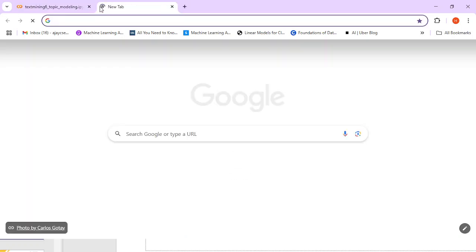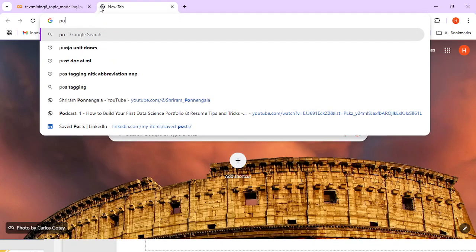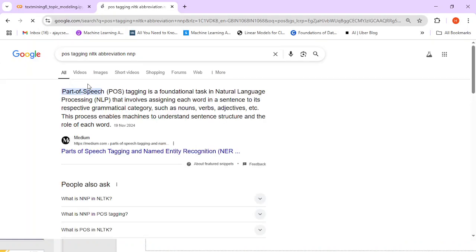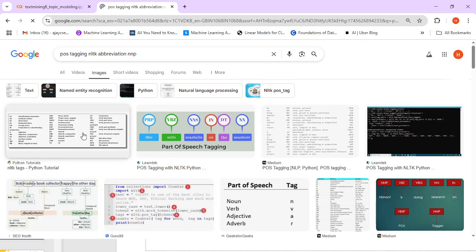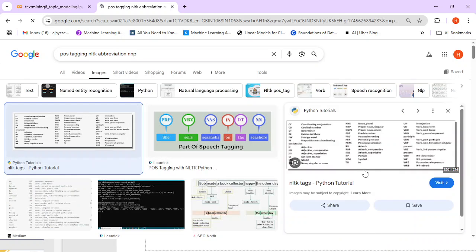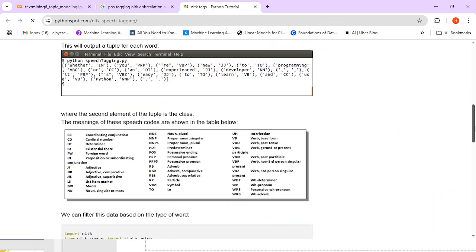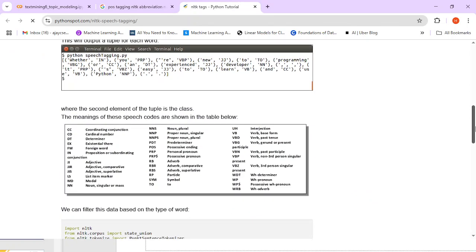I can show, for example, IN refers to preposition.